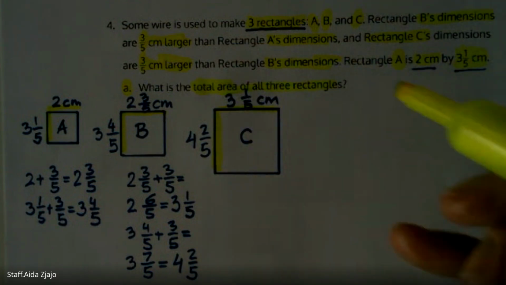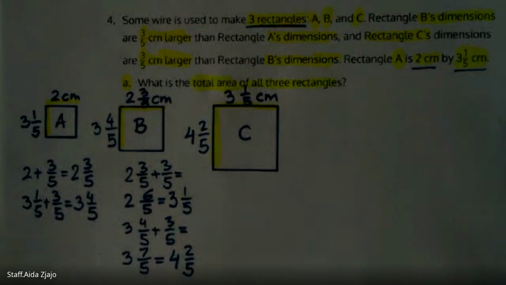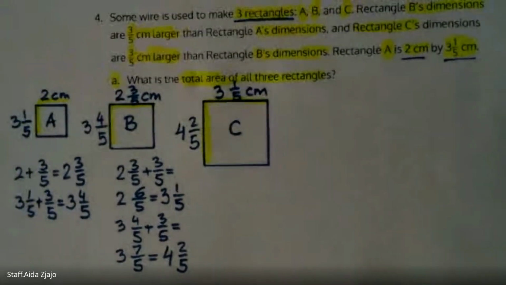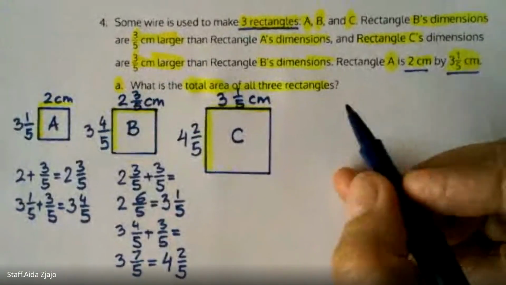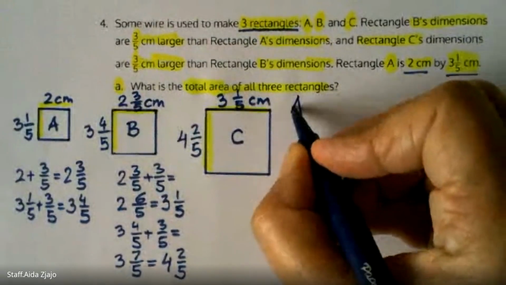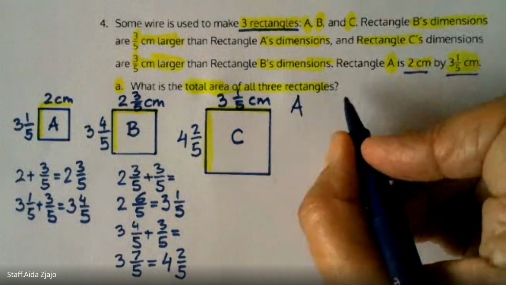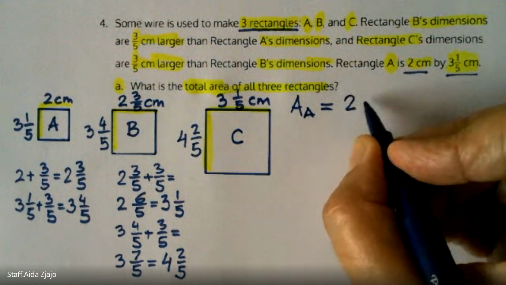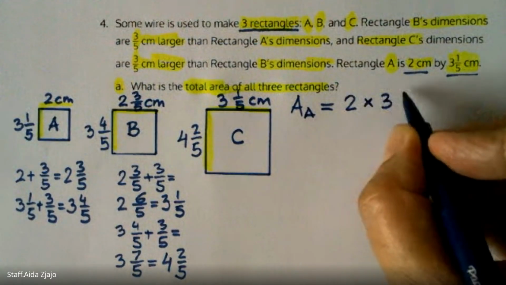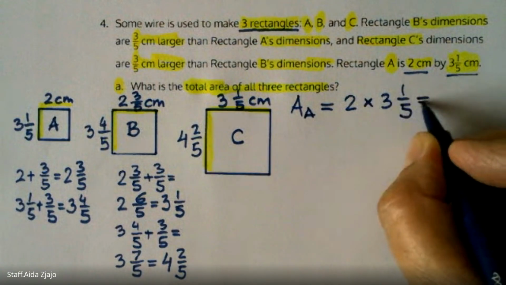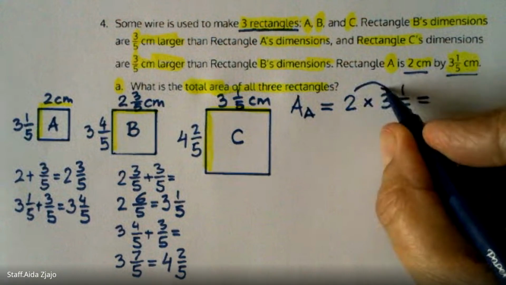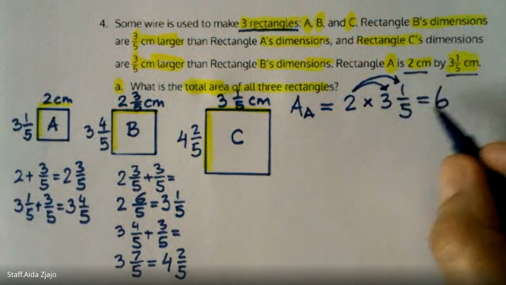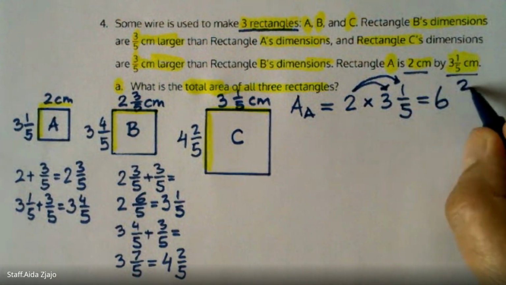So area A equals 2 times 3 1/5. 2 times 3 is 6, and 2 times 1/5 is 2/5.